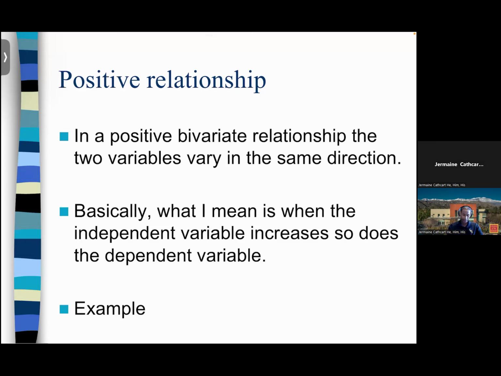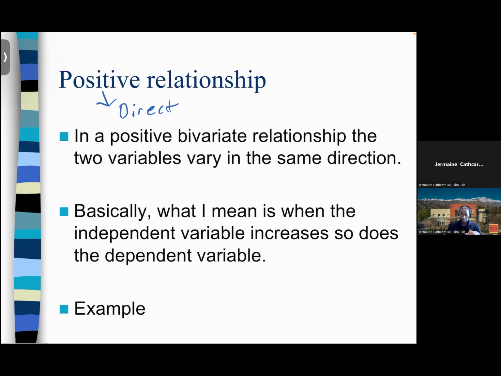It means it as a direct relationship, okay? So when it says, when the independent variable increases, so does the dependent variable, or as the independent variable decreases, so does the dependent variable, okay?